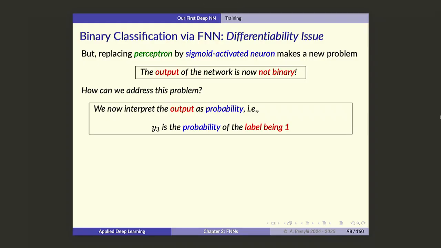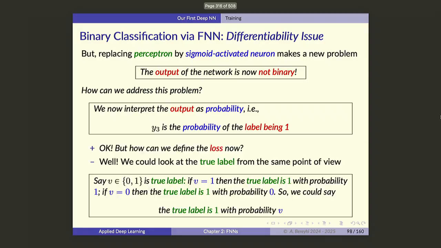Now, one question here is how you can compute the loss. Because when we were talking about the loss, we put this indicator function, right? We said when the true label and the label that we have inferred in this neural network are the same, then we say no error, but if they are different, we take an error.